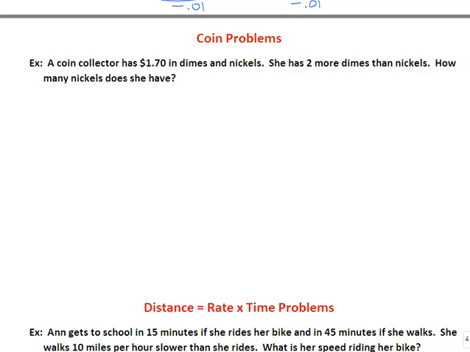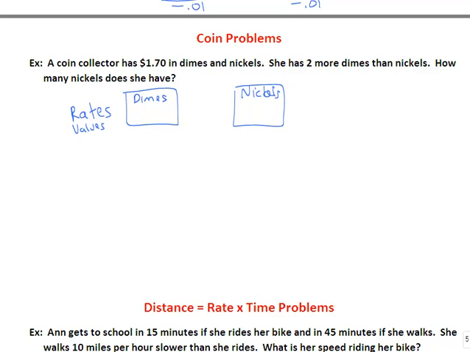So to be consistent with the other problems that we've worked on so far, I'm going to create some boxes again. The first box is going to be for my dimes. The second box is going to be for my nickels. Now usually in these boxes we write down our rates. And in this case, the rates that we're talking about here are actually like values. The value of our dimes and the value of our nickels. So how much is a dime worth?